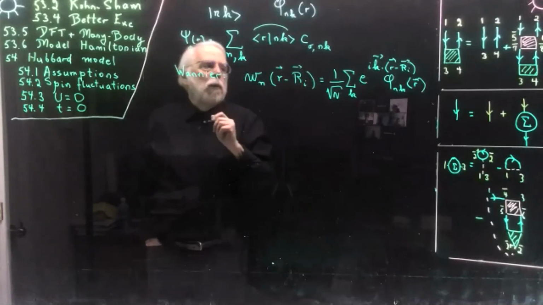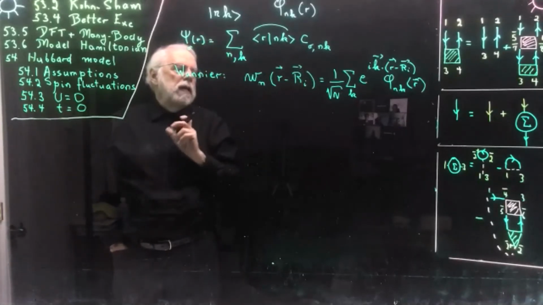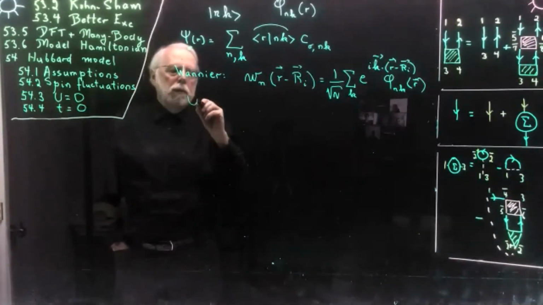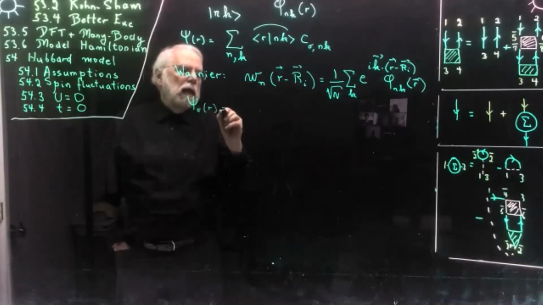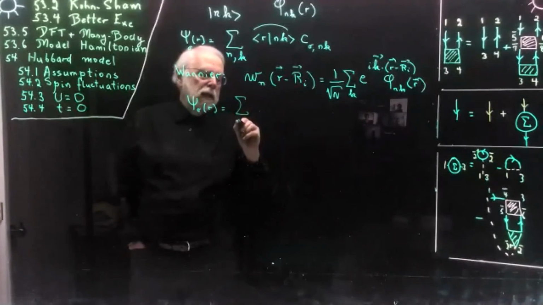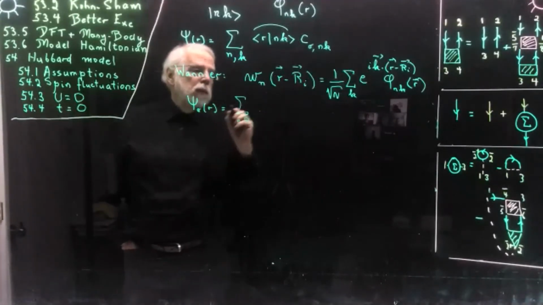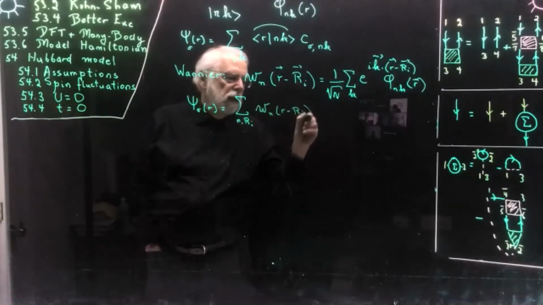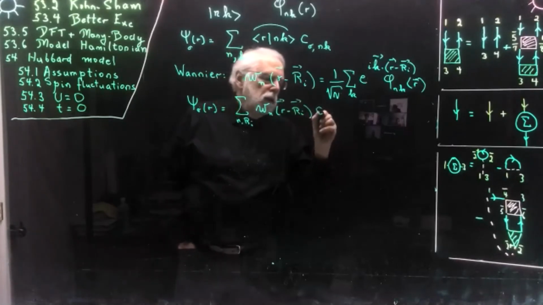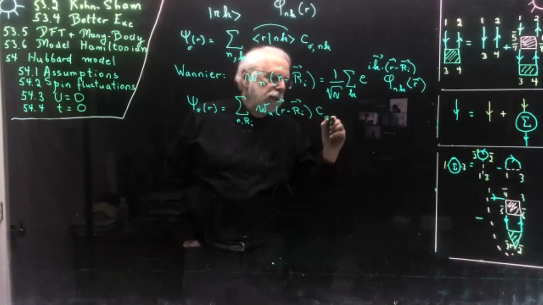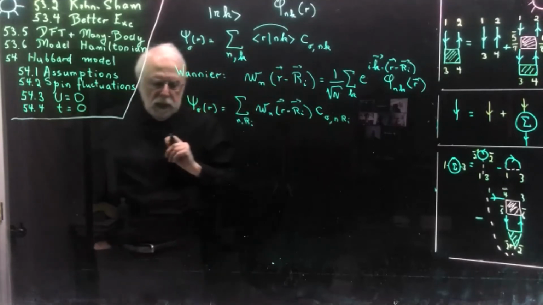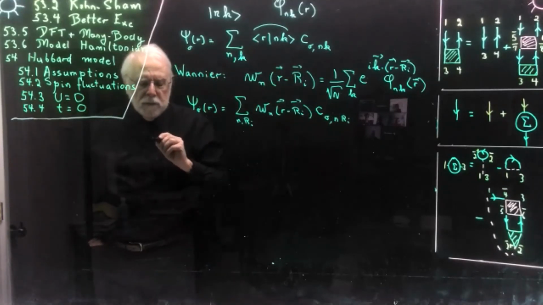Now suppose we want to compute the kinetic energy in the Wannier basis. What we would do is write the field operator psi sigma of r as a sum over n and R_i of w_n(r minus R_i) times c sigma of n R_i. Now I want to compute the kinetic energy operator.